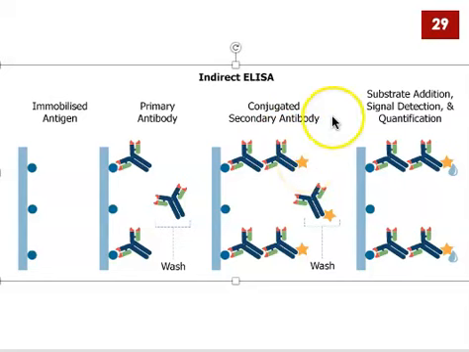And in the last part of the test, we add a substrate molecule into the test wells, and we allow the enzyme to act on that substrate and turn it into a product. And it's a product that we can visualize, that we can see. It creates a color change typically. So what this indirect ELISA will tell us is, are there antibodies present, primary antibodies that bind to antigen?